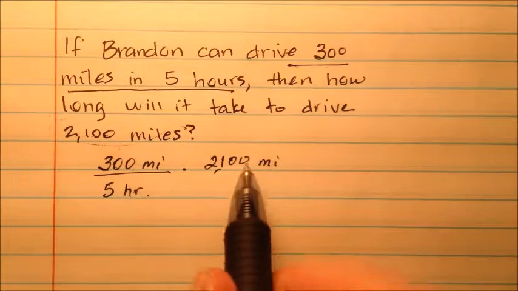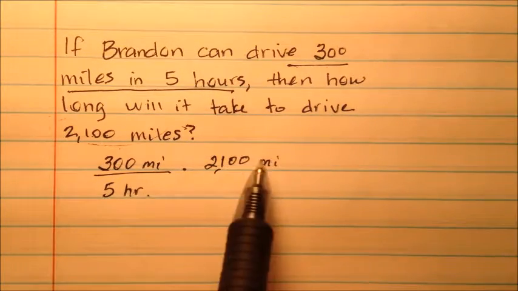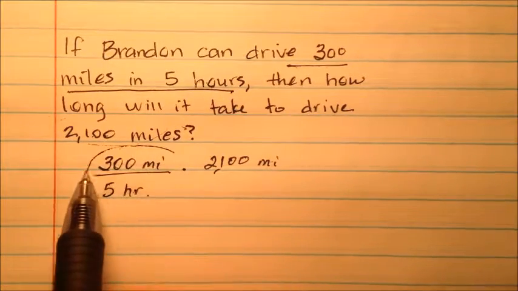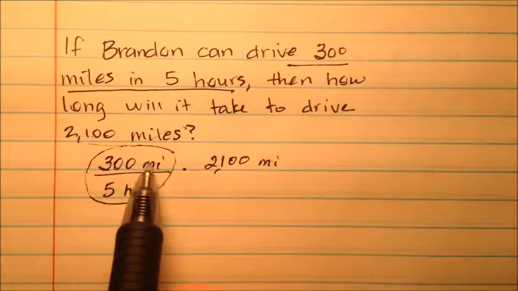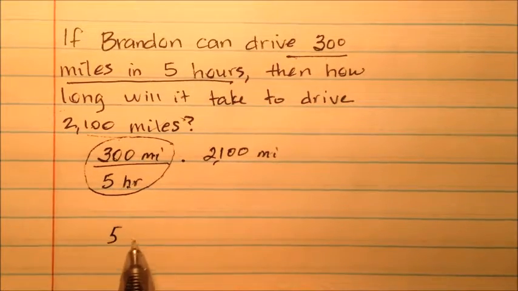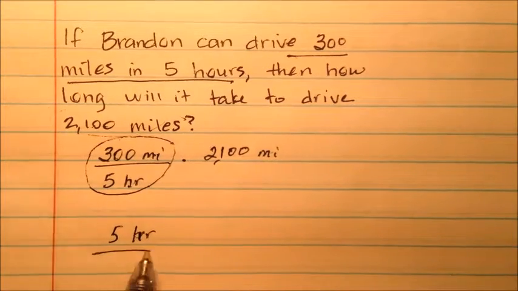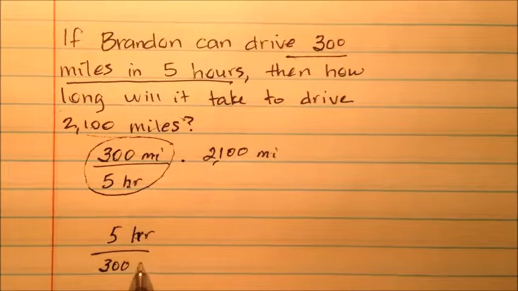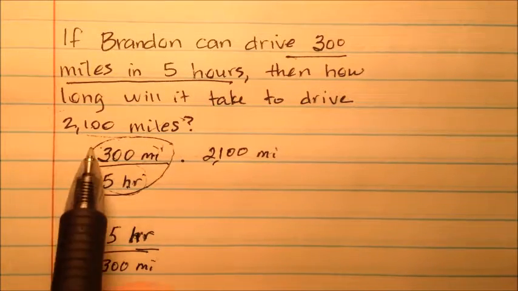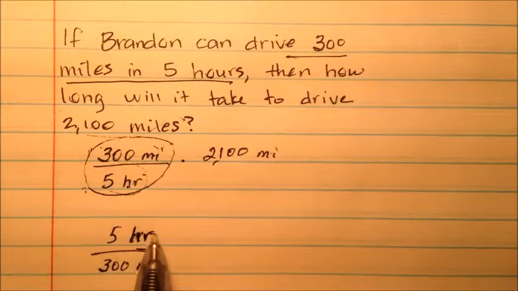But our miles won't cancel because miles are on the top and on the top. So I know that if Brandon can go 300 miles in 5 hours, then it also means that in 5 hours he can go 300 miles. So since I know these two things are equal to each other, it means that I can take the reciprocal and it still is the same thing.